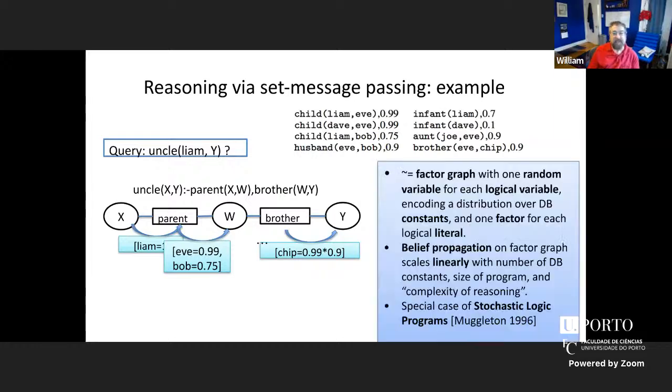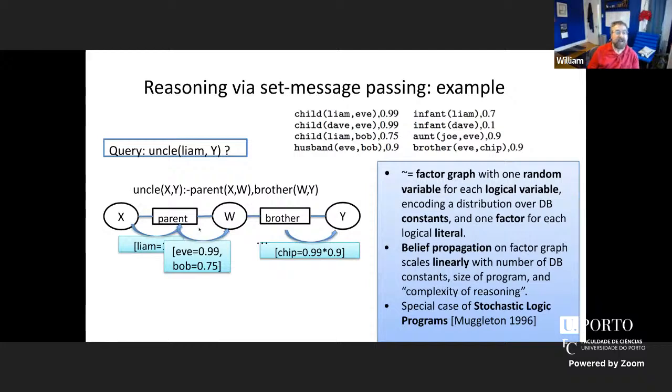So what's essentially happening here is you have a factor graph. The factor graph has one random variable for each logical variable that appears in your proof. Each of those random variables doesn't encode a binary indicator. Instead, what it encodes is a multinomial, a distribution over database constants. So it's a soft set of things.